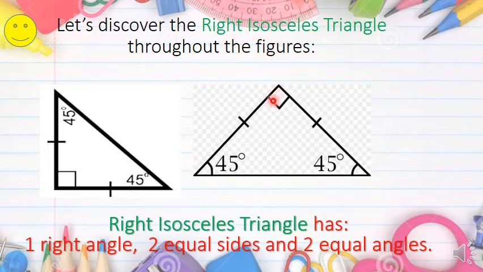So it has a right angle of 90 degrees, two equal sides and two equal base angles, each of measure 45 degrees.